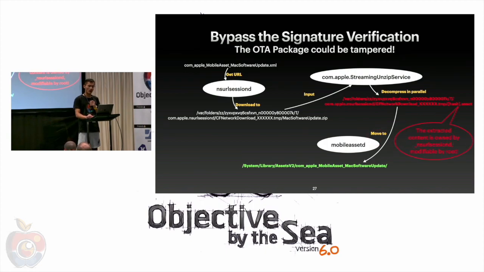It is owned by NSURLSessionD and can be modified directly by the root user. Therefore, there is a time window to modify the contents before the mobile OSD process moves them to the trusted location. As a result, the content of the OTA package in the trusted location is not trustworthy and needs to be verified.